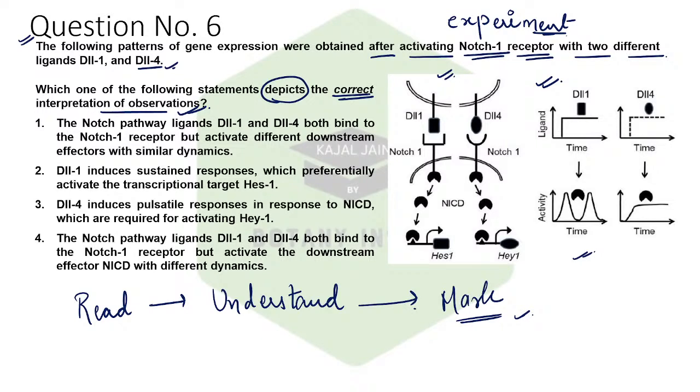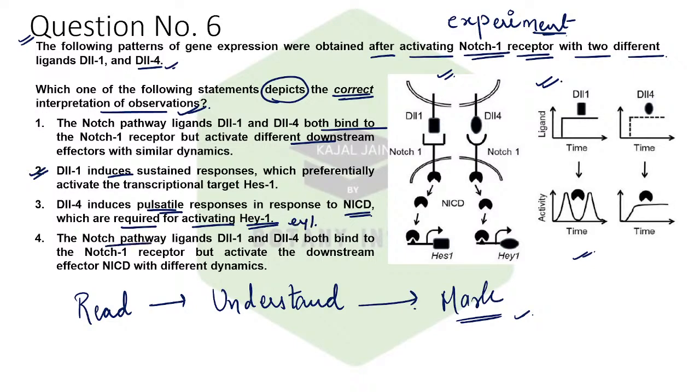First option is that the delta notch ligands D21 and D24 both bind to the notch receptor and activate different downstream effectors with similar dynamics. Second, D21 induces a sustained response which preferentially activates the transcriptional target HES1, while D24 induces a pulsatile response in response to NICD, which is required for activating HEY1.